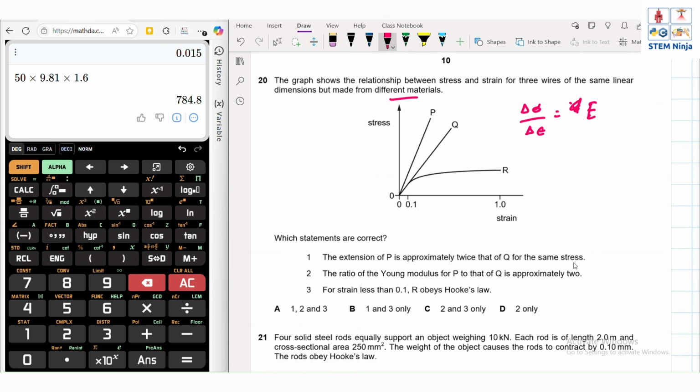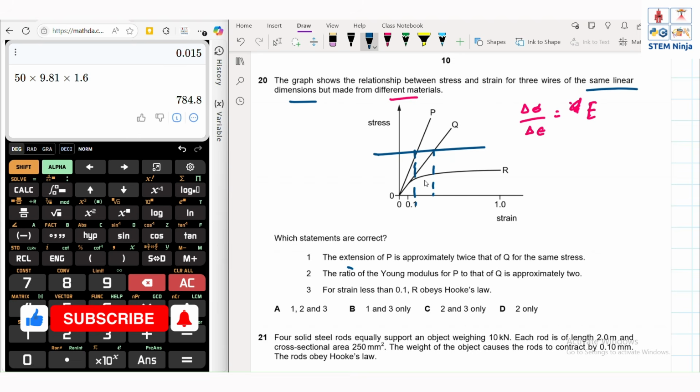No, because if you look at this, it's the other way around. For the same stress, for Q it is roughly higher. However, it's not the extension; it is the strain. But since they are of the same linear dimensions, we can say extension. So that is not correct.